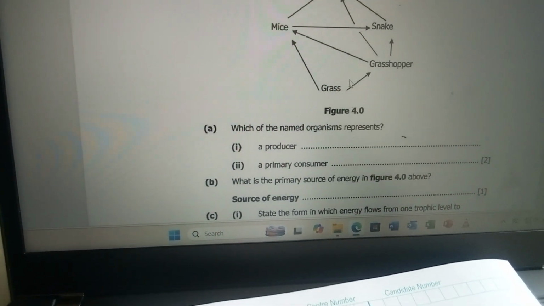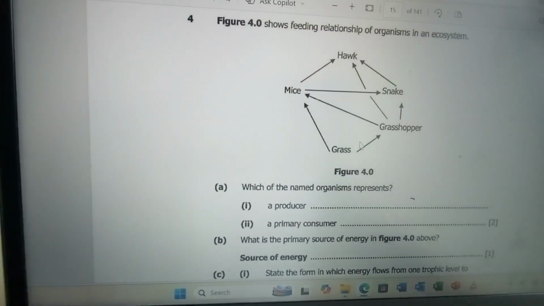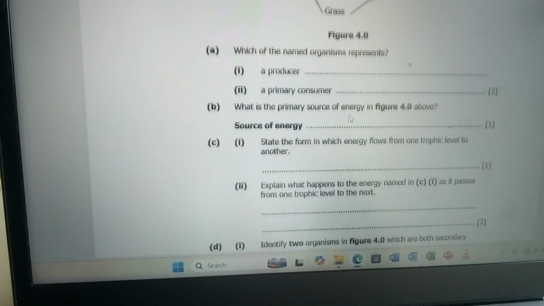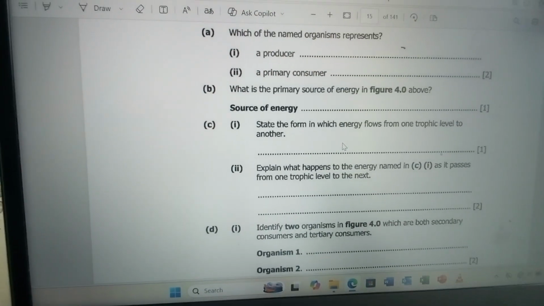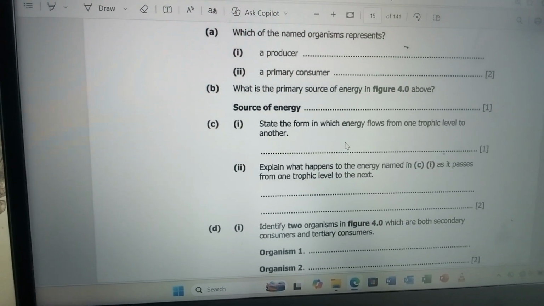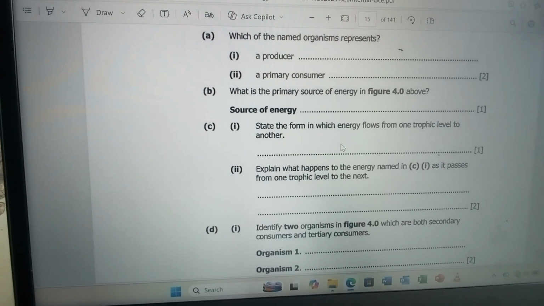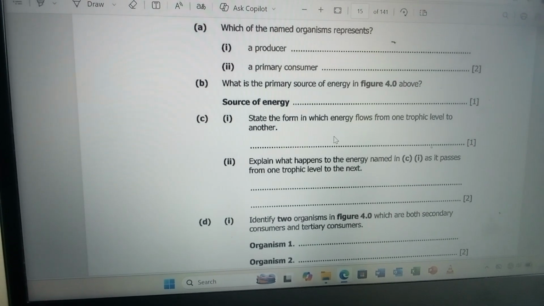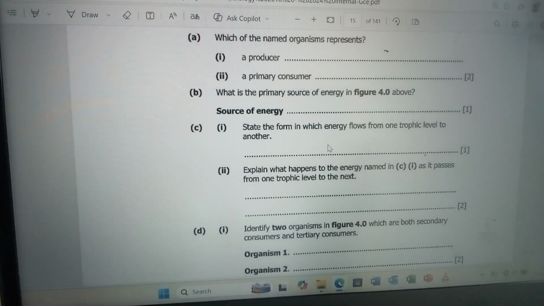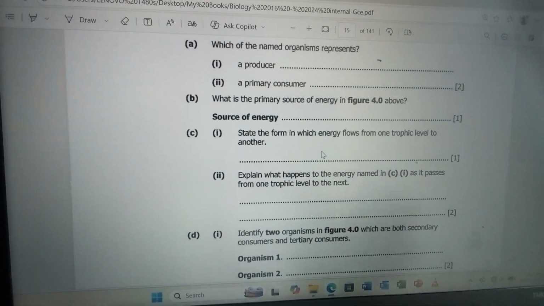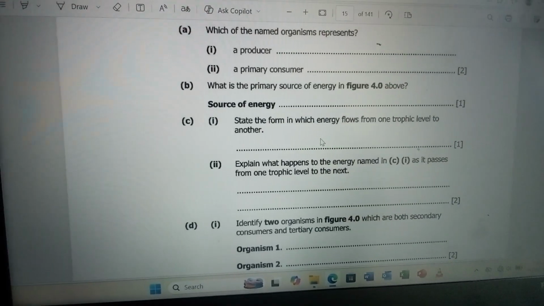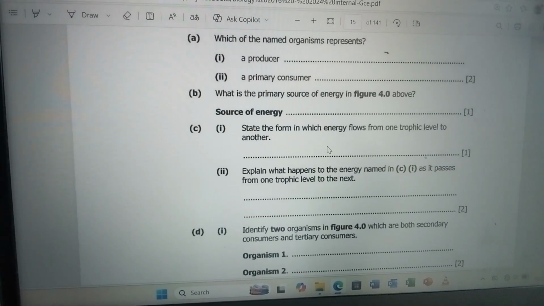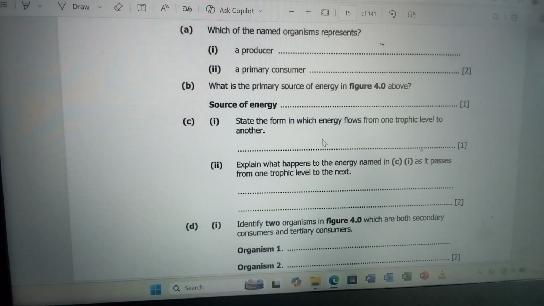We proceed, and then they are saying state the form in which energy flows from one trophic level to another. Like I said, once the green plant traps solar energy from the sun, it converts that solar energy to what?